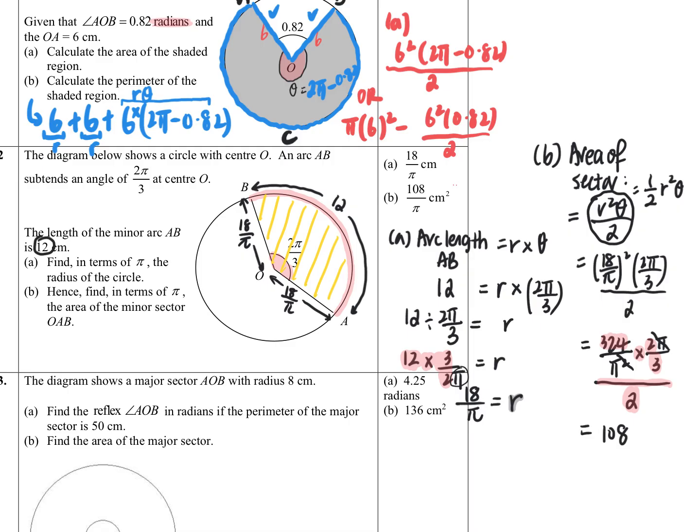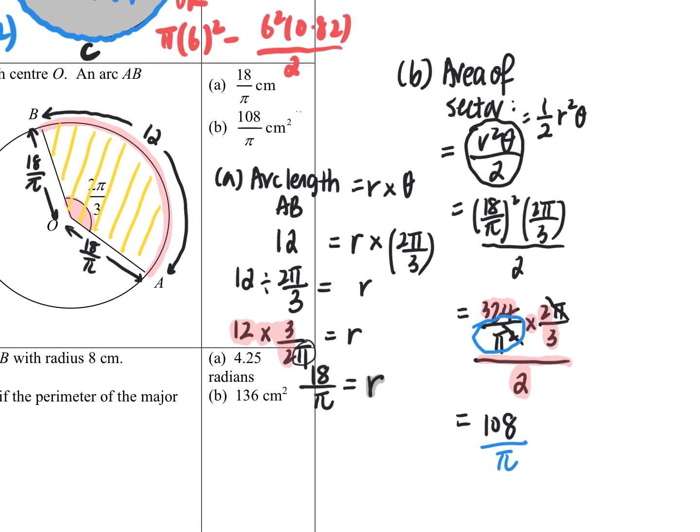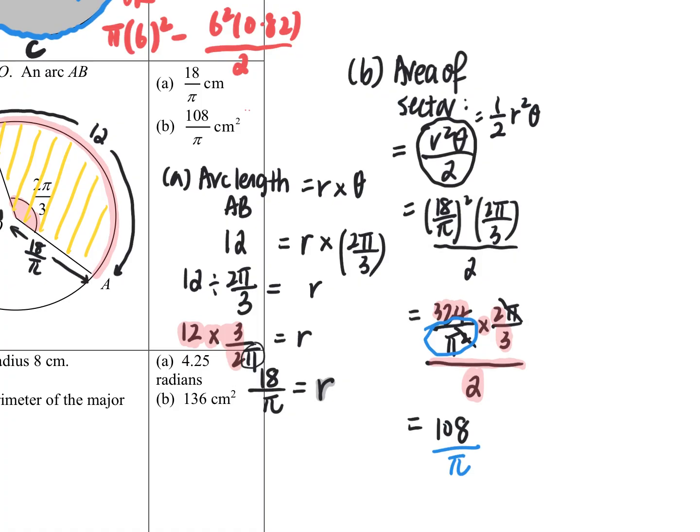And then don't forget there is an over pi here. So your final answer is actually 108 over pi. You also need to know how to key in the calculator. When you are calculating, you can omit the pi altogether first. Pretend it's not there. Key in everything else first, then put the pi back in.